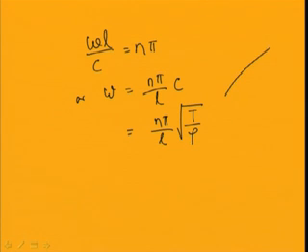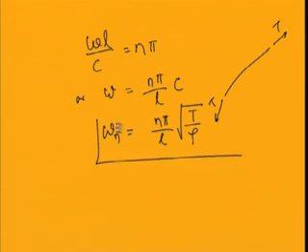So, as you have seen, this omega depends on the number of modes, n. As you go on increasing n, you will have different values of omega. So, the nth modal frequency of the system can be written as n pi by l into root over T by rho.